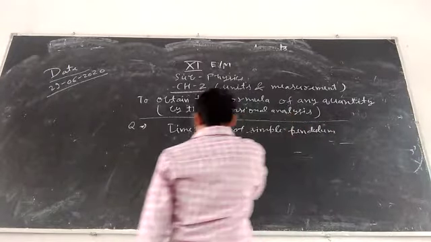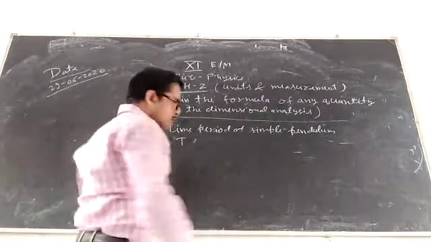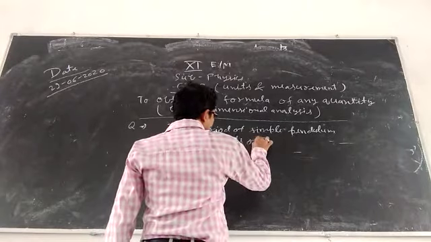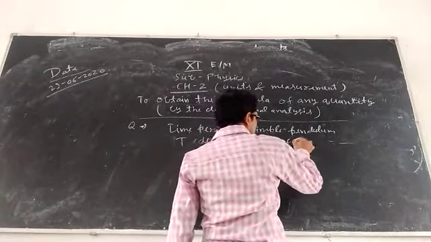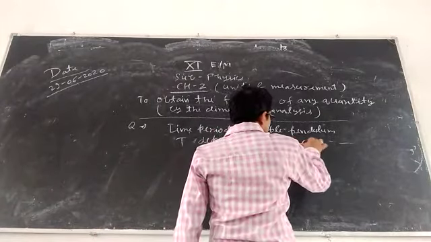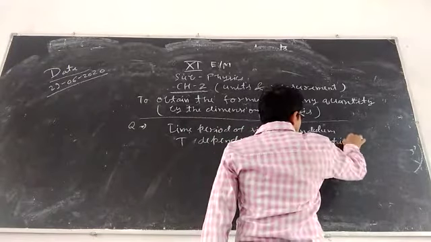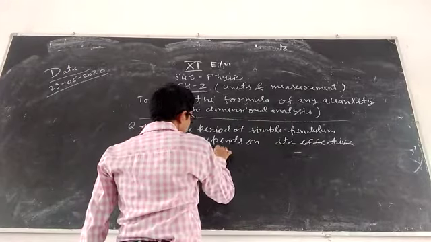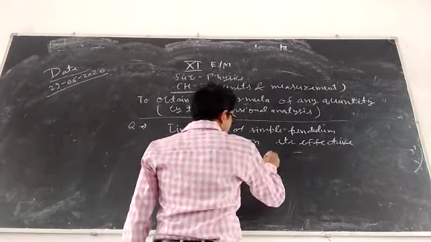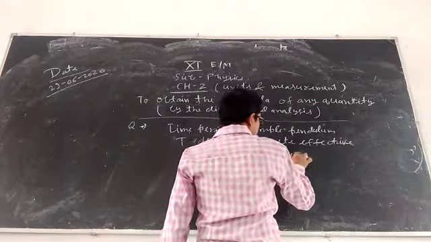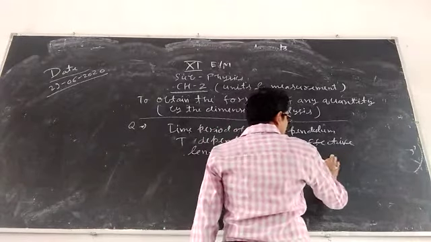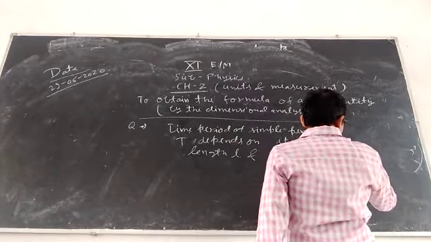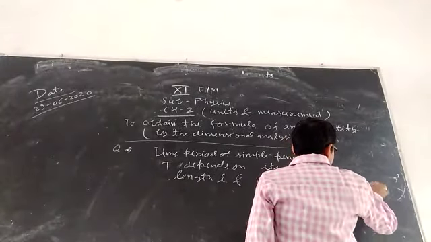The time period T of a simple pendulum depends on the effective length L, the mass M, and G, the gravitational acceleration.